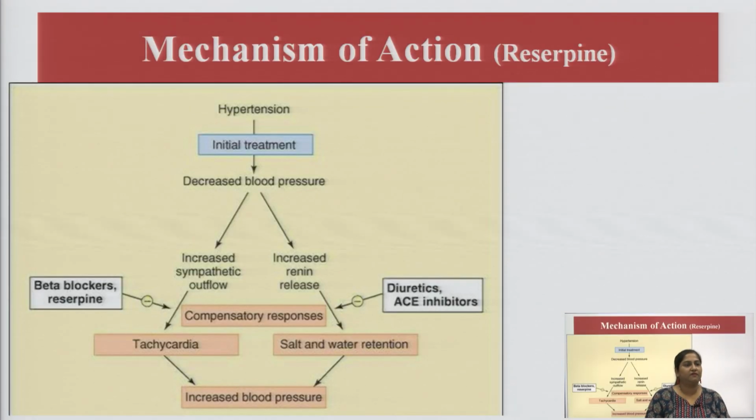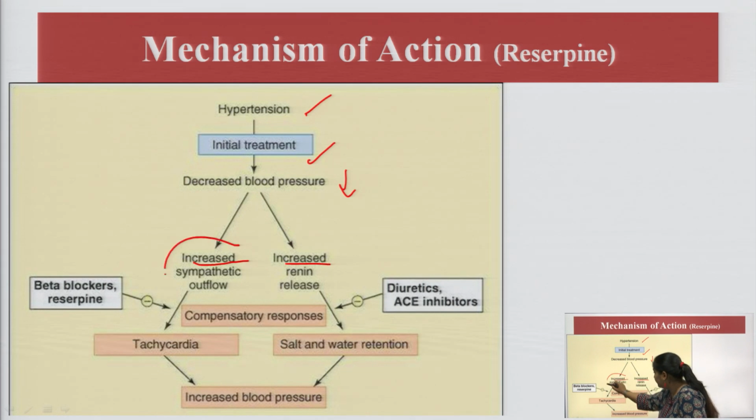This is the mechanism of action of Reserpine. We have already discussed the general mechanism of hypertension. What happens? In hypertension, after the initial treatment comes the decrease in blood pressure, which ultimately divides into two parts, that is increased sympathetic outflow and increased renin release.